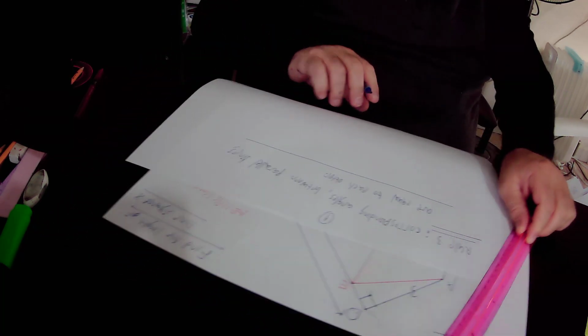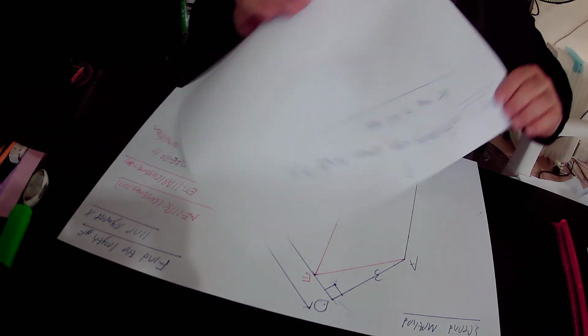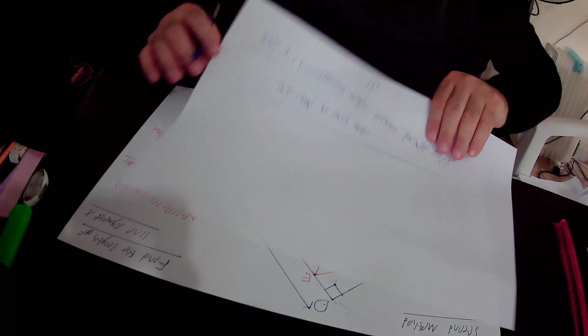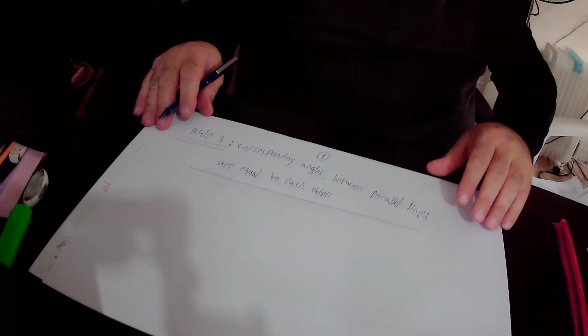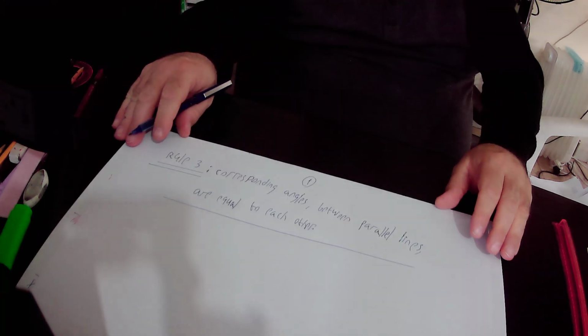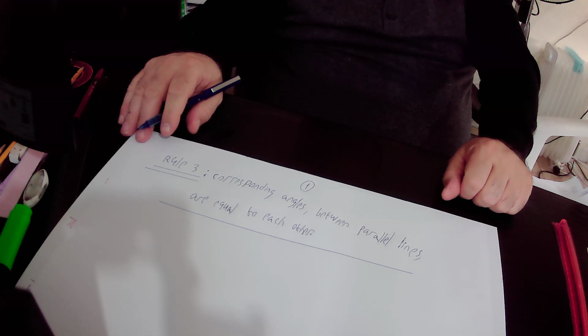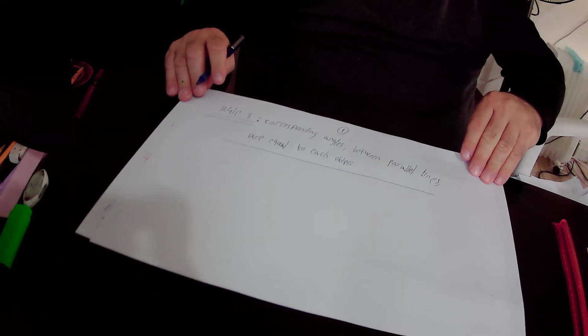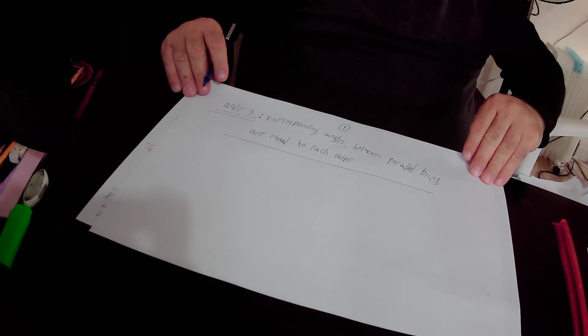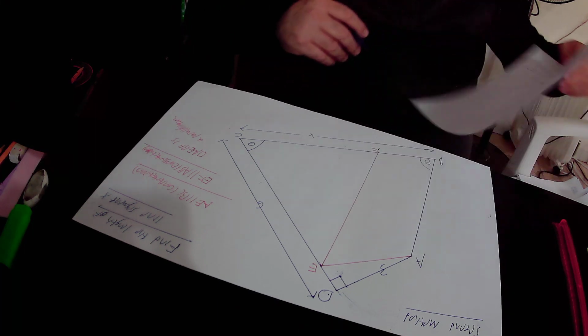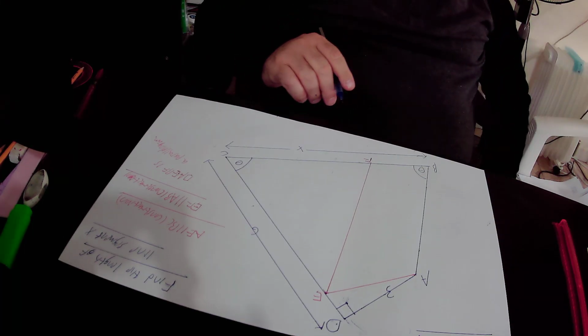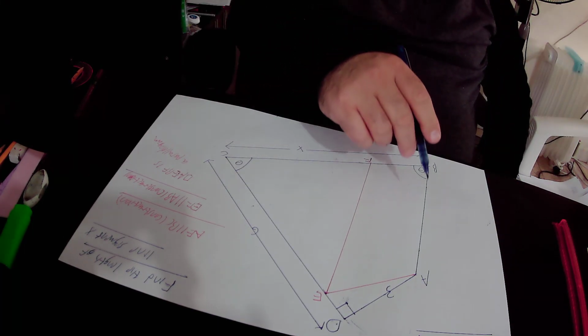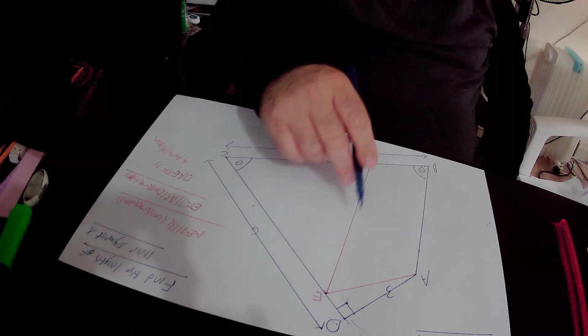So, let's read rule number 3 again. According to rule number 3, corresponding angles between parallel lines are equal to each other. So here, according to our construction, AB is parallel to EF.